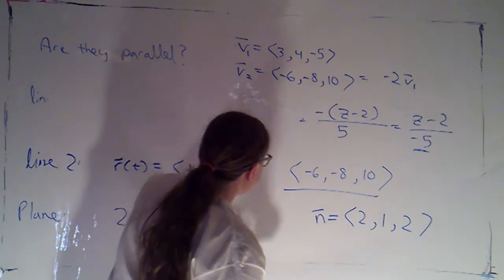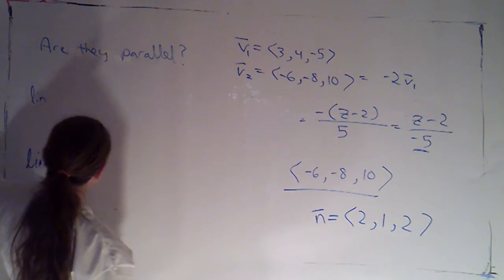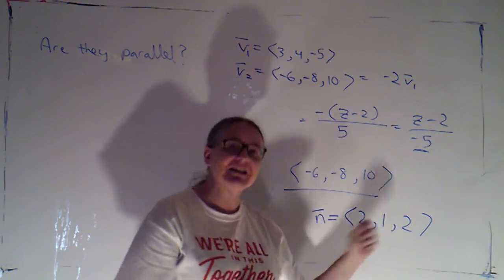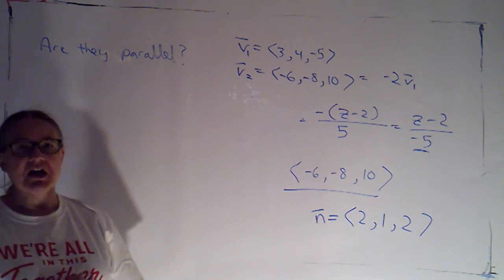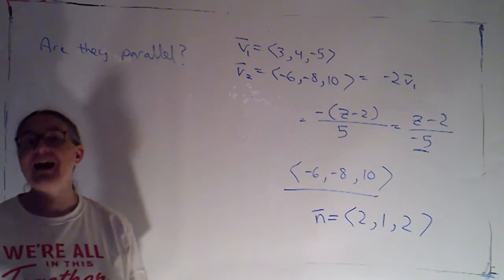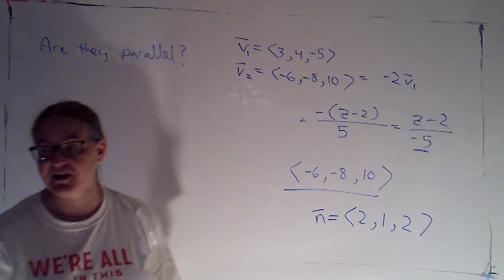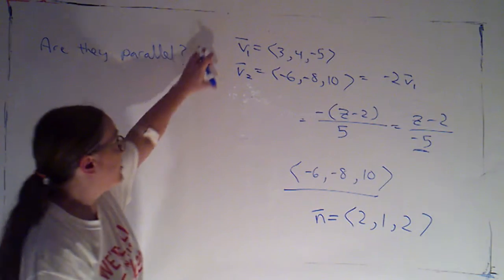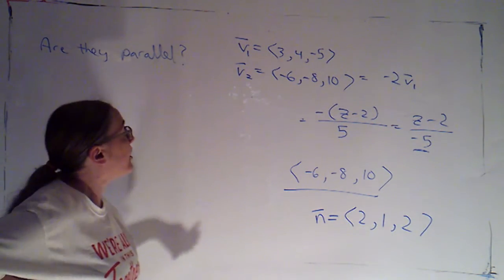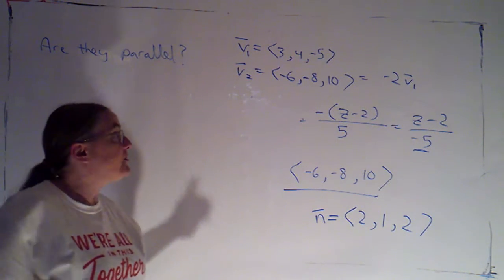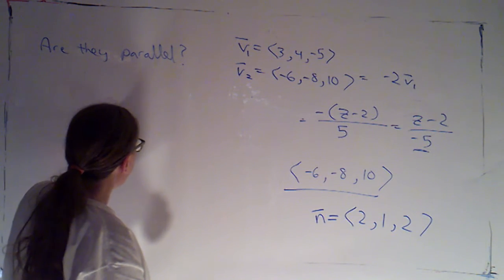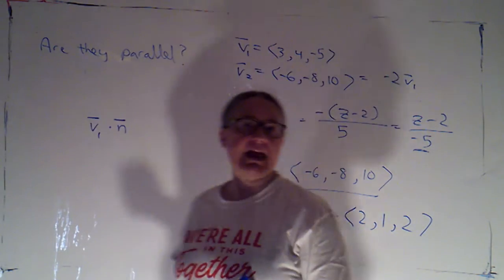So anything that's going to be parallel to the plane is going to have to be perpendicular to this vector. So I'm not looking for, are my direction vectors a multiple of this? I'm looking for what's the dot product. And since I already know these two vectors, and therefore the lines that go with them, were parallel to each other, I know that I only need to check with one of them. So I'm just going to check v1 dotted with n.